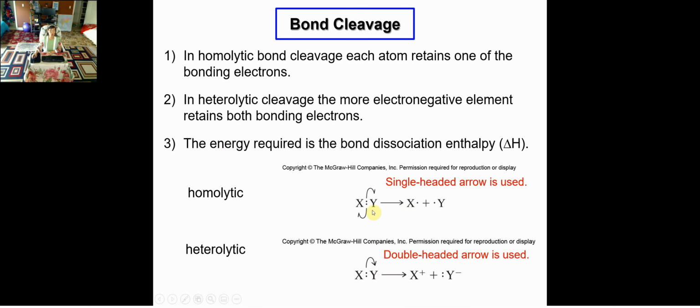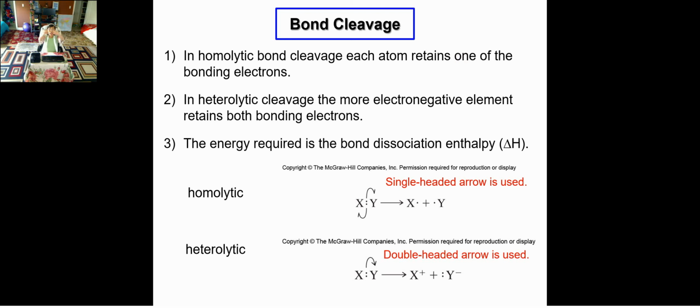Regarding radical formation, we need to learn about bond cleavage. Bond cleavage has two different types. One is called homolytic bond cleavage, and the second is called heterolytic bond cleavage. Homolytic bond cleavage means each atom retains one of the bonding electrons.